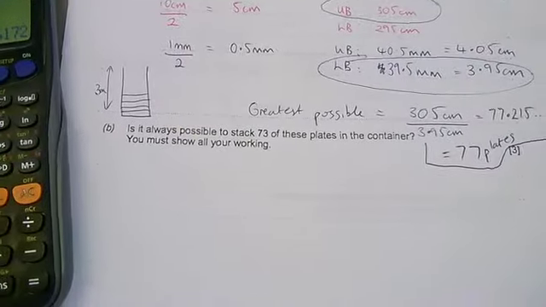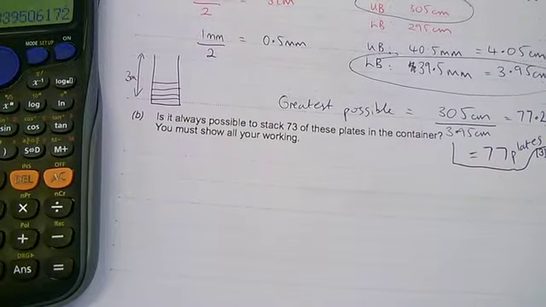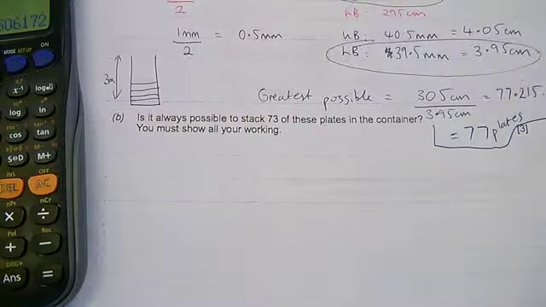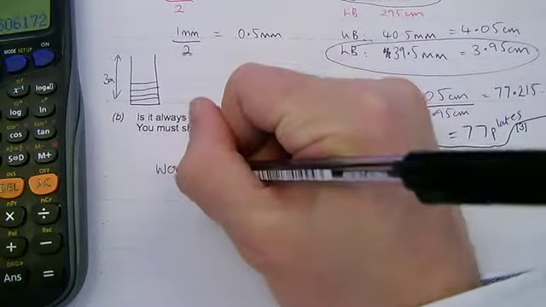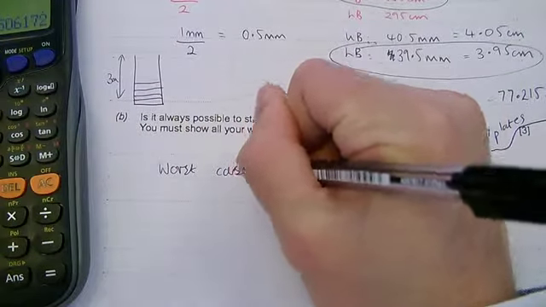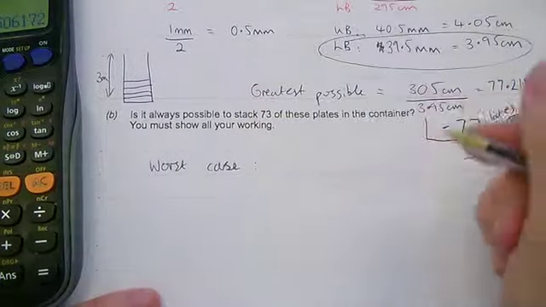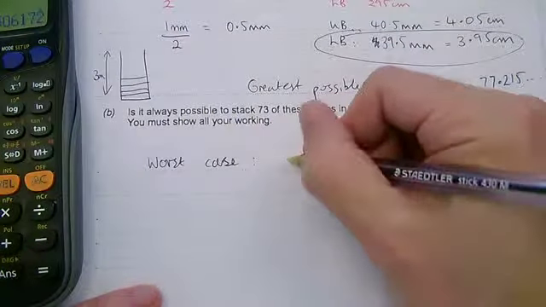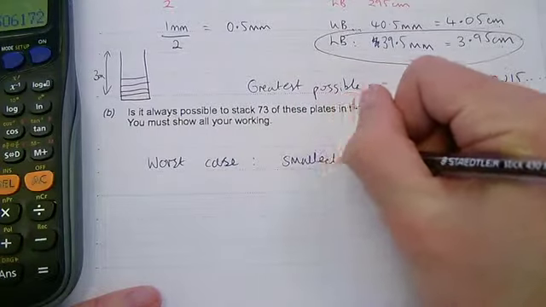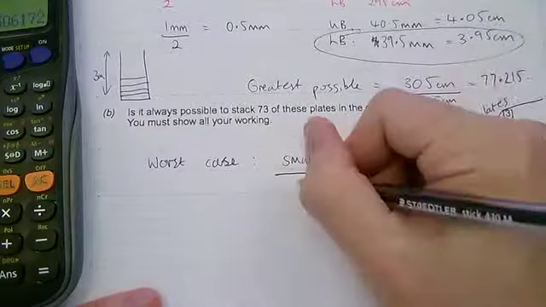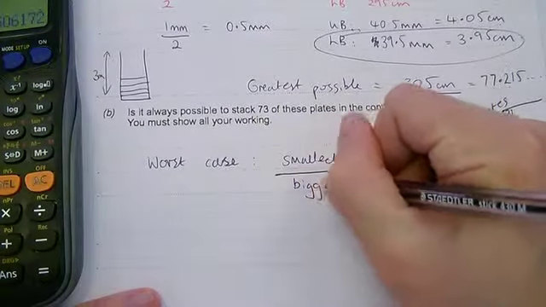Okay, is it always possible to stack 73 of these plates in the container? No, just worked it out, okay? So that's a coincidence. So, worst case scenario. Now as I can't spell scenario, I'm just going to say worst case. Oh. That would be the smallest container divided by the biggest plate.